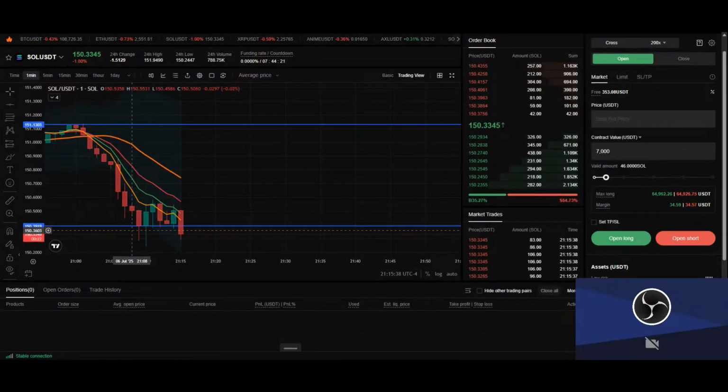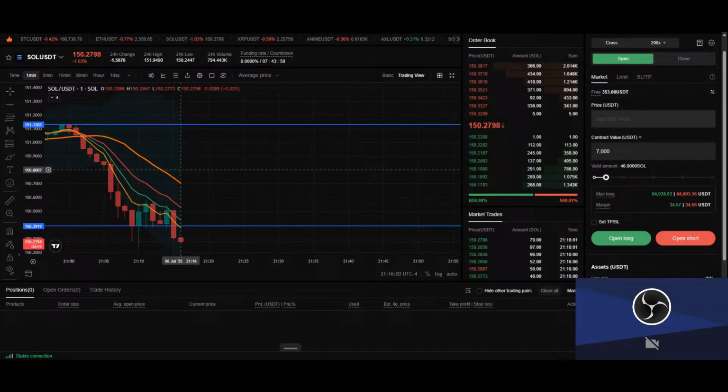When it bounces off the line of support and travels up and hits this, it wants to push it back down. So when it breaks through here, that's a trend confirmation, right? When a green candle breaks this line and then prints above it, that's confirmation of a trend. A green candle prints, not a red candle. That's confirmation of the trend going this way, and we would immediately take a long, right?